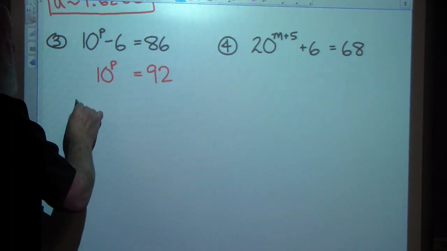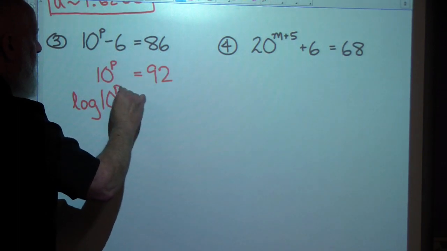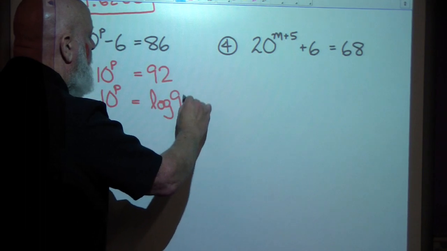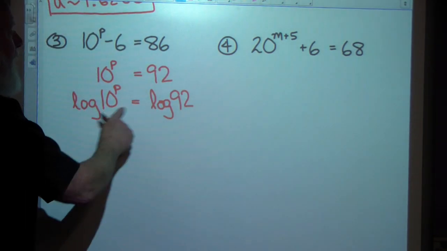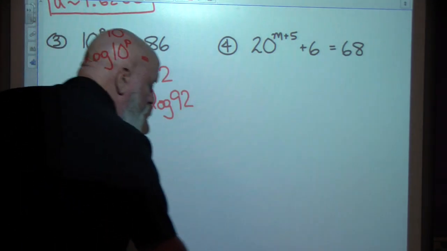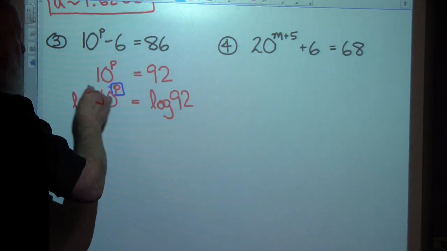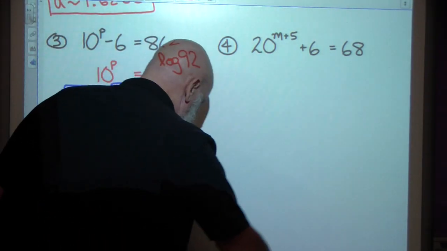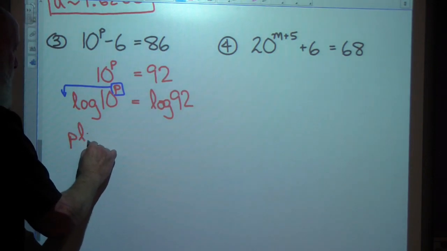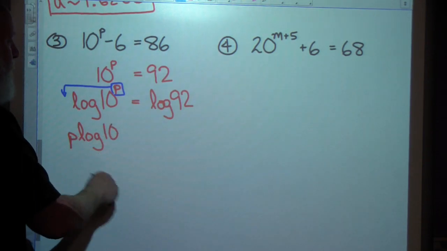Now I'm going to take the log of both sides. The log of 10 to the p is equal to log 92. And this is base 10. Yeah, I'm not showing the base, so it's base 10. I'm going to use the power property now. I'm going to move my variable from a position of an exponent to a position of a coefficient. That will give me p log 10. Log 10, that's equal to 1.